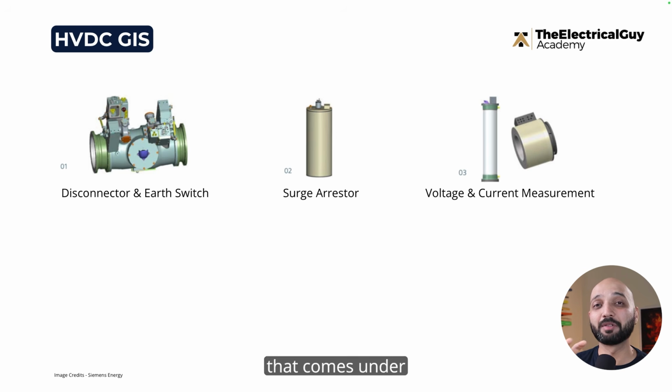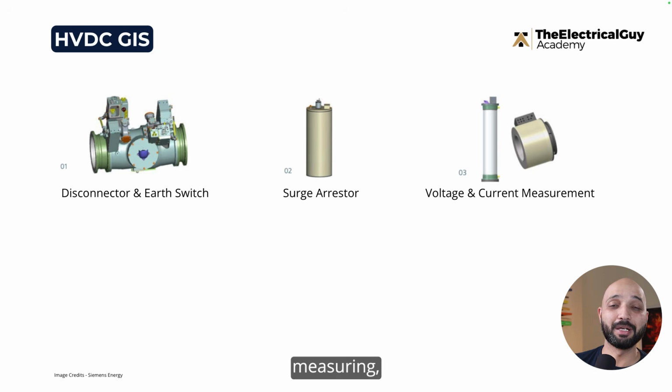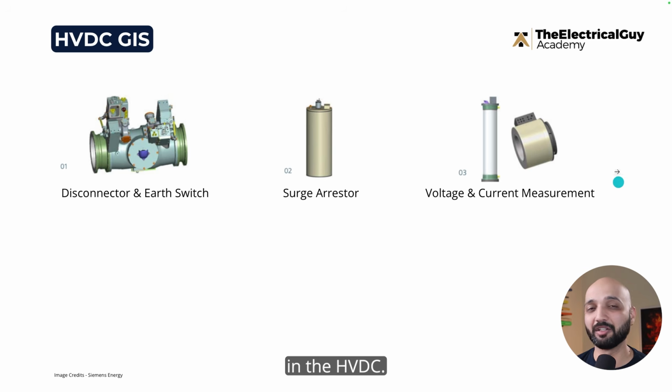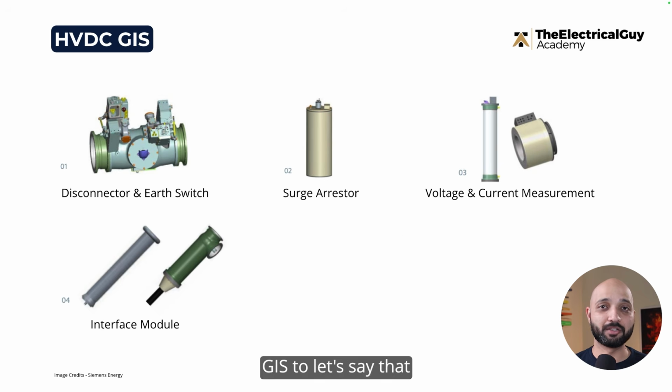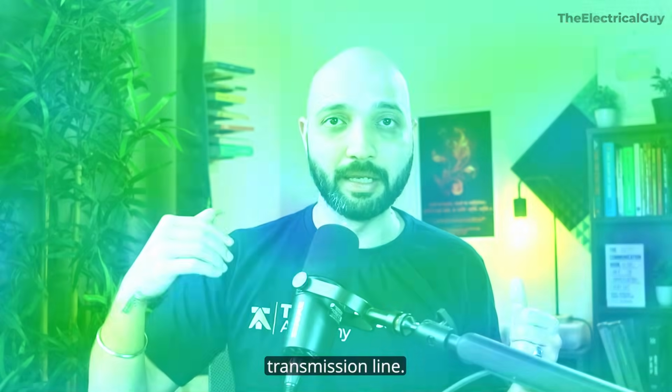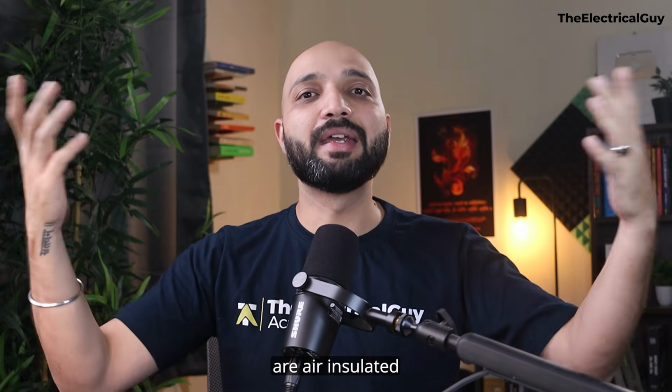Transformer is something that comes under AC, not DC, right? So there are some resistive and capacitive elements which help us in measuring the voltage and current in HVDC, and those modules are included in the HVDC GIS. And then we also have interface modules. Now, of course, you will have to connect this GIS to, let's say, the HVDC transmission line. Now, those transmission lines are air insulated.